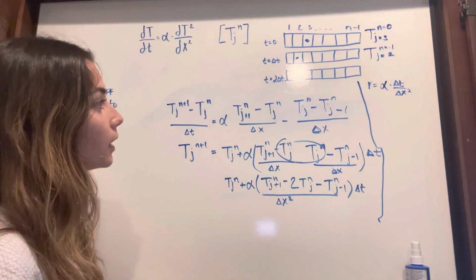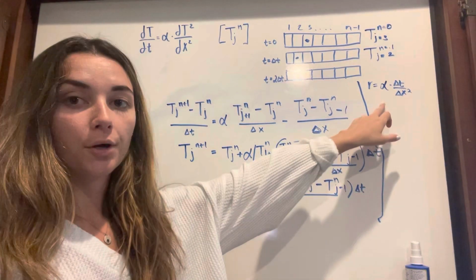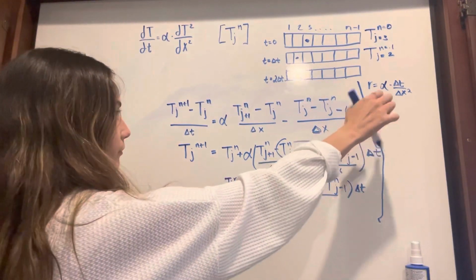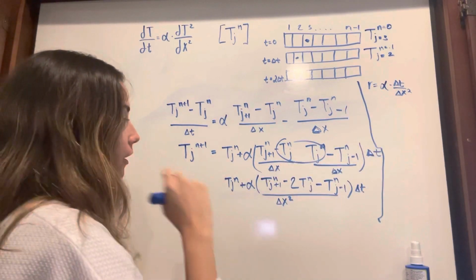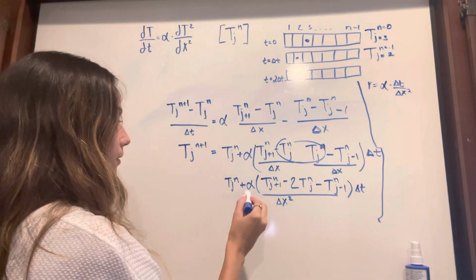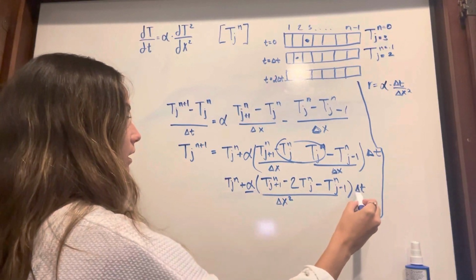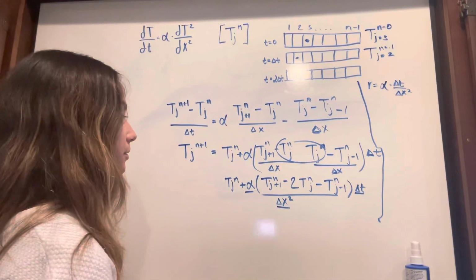And so that's how we're going to plug that in for our code in the next video. And so to simplify this even more, we can just put in our R value for our expression, which will cover our thermal diffusivity and our change in time over our change in position squared.